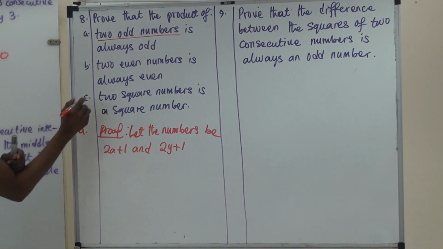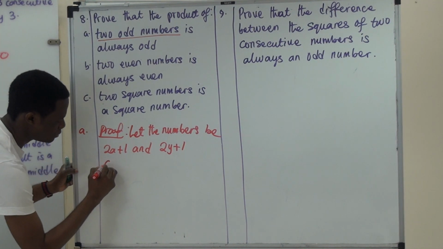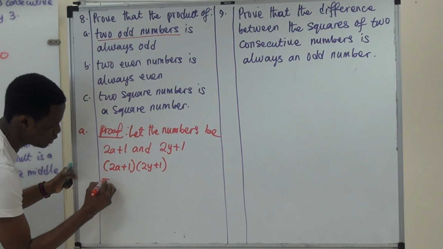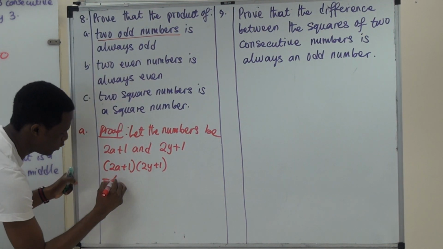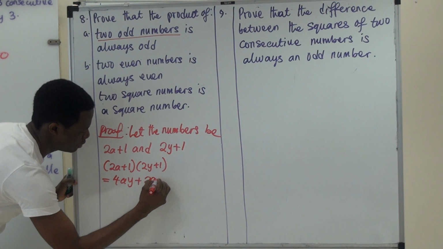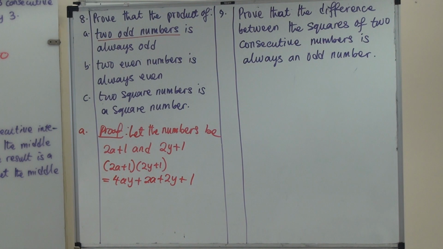Okay, so if these are the numbers, you want to show that their product is always odd, which means you must be able to express the product as what? 2m plus 1, where m is an integer. As long as you can write your product that way, you are good to go. So product means what? 2a plus 1 times 2y plus 1 will be equal to, then you expand, right? 4ay plus 2a, well, it could be 2y first, plus 1. But how do I conclude that this is odd?